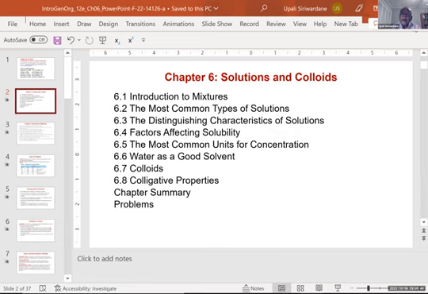They are found as mixtures. So this chapter is about mixtures. This is the expansion of homogeneous mixtures.